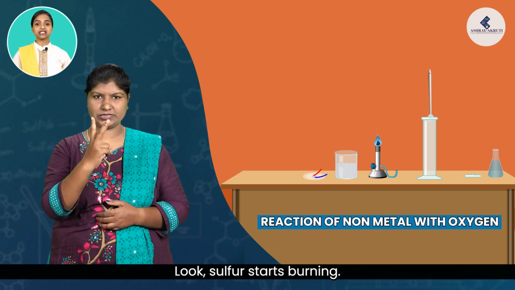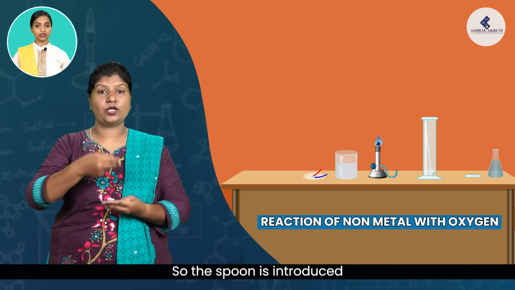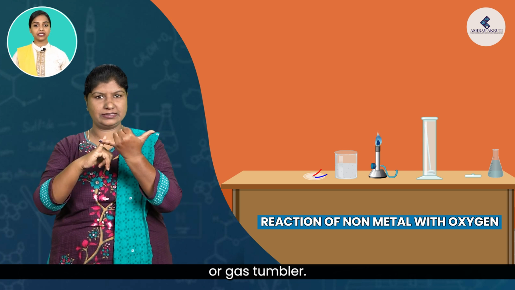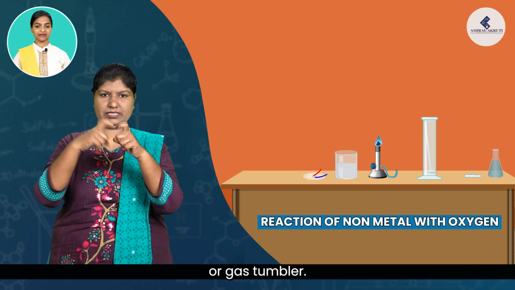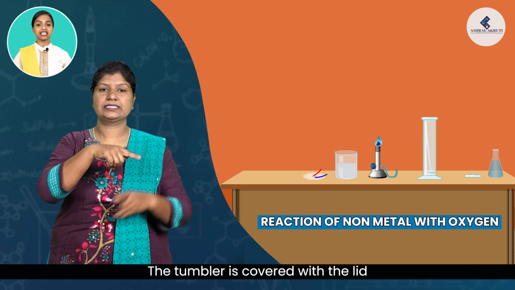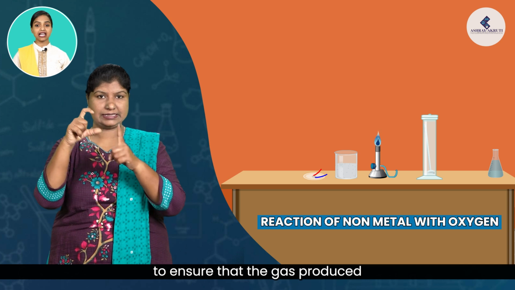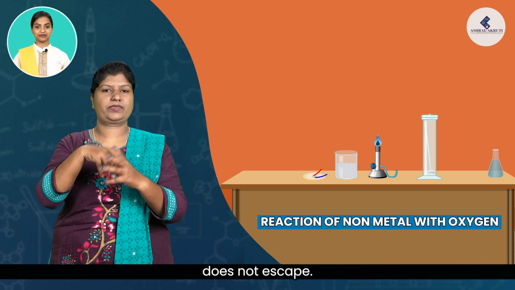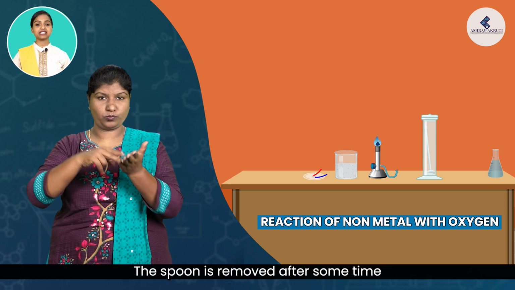Look, sulfur starts burning. So, the spoon is introduced into a gas jar or gas tumbler. The tumbler is covered with a lid to ensure that the gas produced does not escape. The spoon is removed after some time.